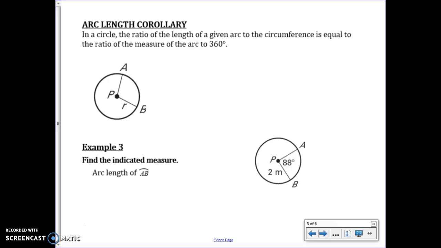Our ratio would be the degree measure of the arc that we're trying to find, arc AB, over the total degrees in a circle, which is 360, is equal to the arc length over the circumference, the total distance around.